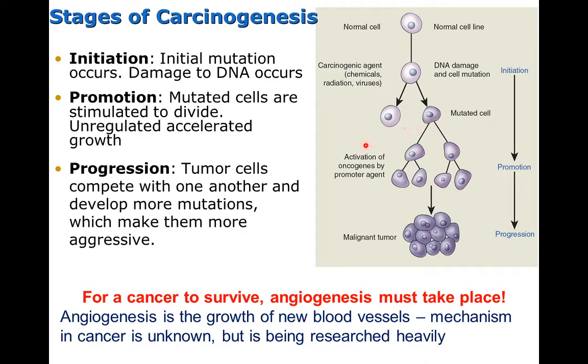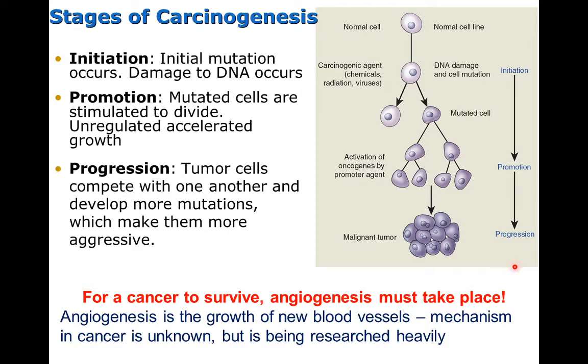That's called the promotion phase of cancer. And finally, tumor cells will begin developing more mutations and competing with one another for resources, which makes them more aggressive. And this is the progression stage of the disease.